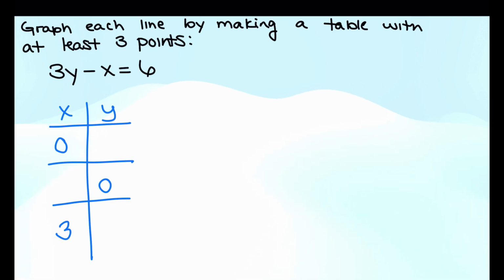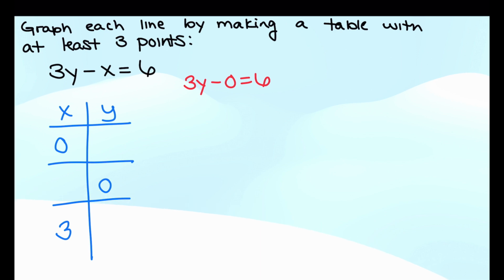So I'm going to pick 0 for x and then 0 for y. Zeros are pretty easy to do math with, so I usually like choosing those in my table, if possible. In a minute, I'll explain why I chose 3 for my third point.